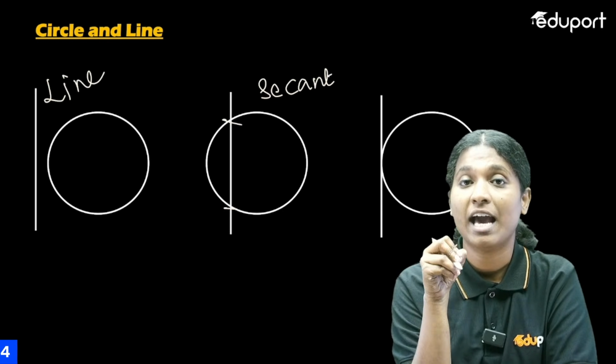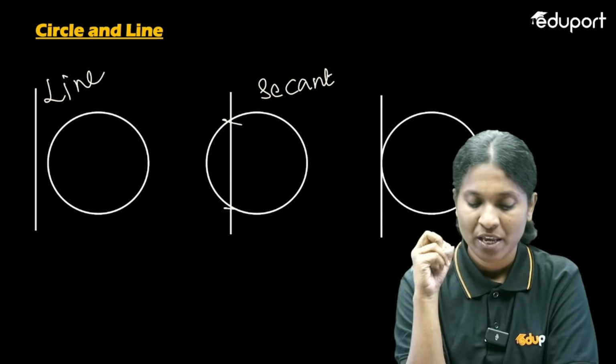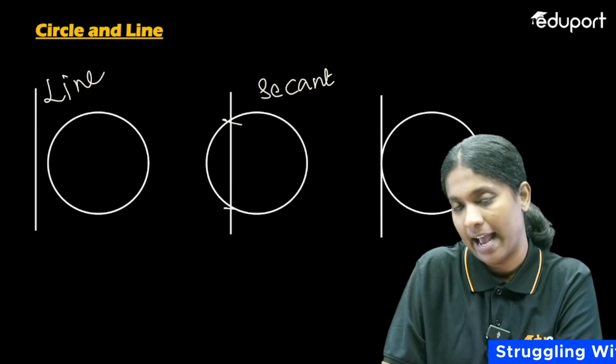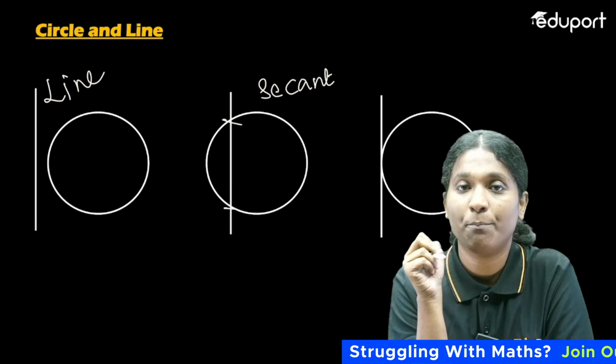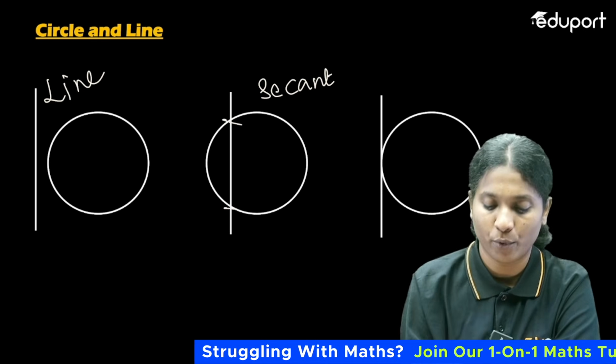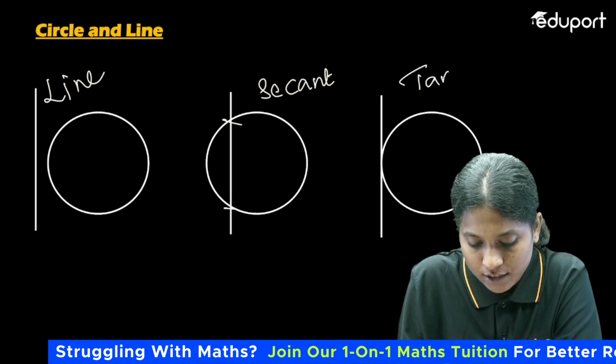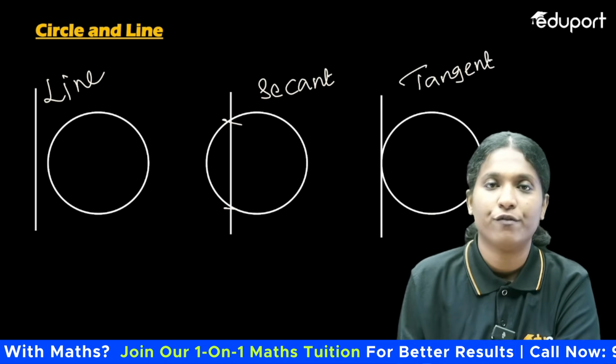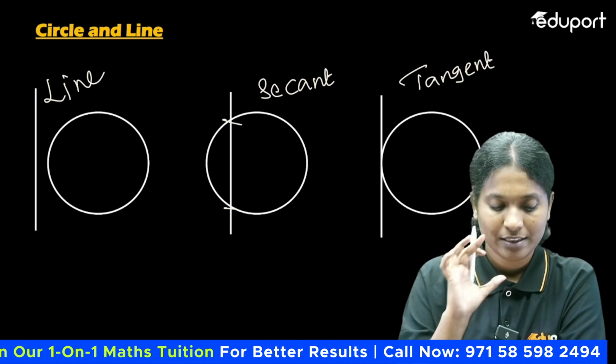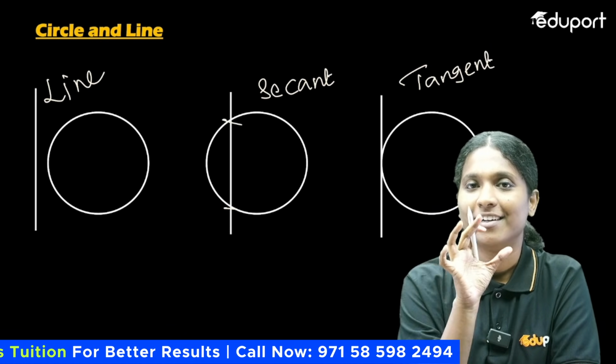That is what we have learned in 10th. This line touches the circle at only one point, or intersects the circle at only one point. That is called a tangent to the circle. So these are the importance of circle and line.